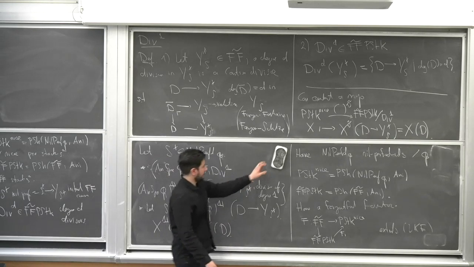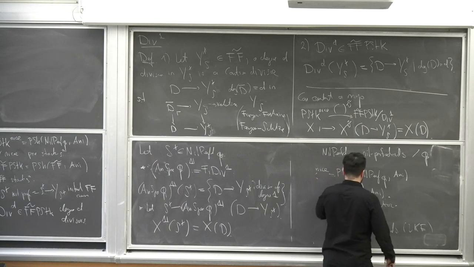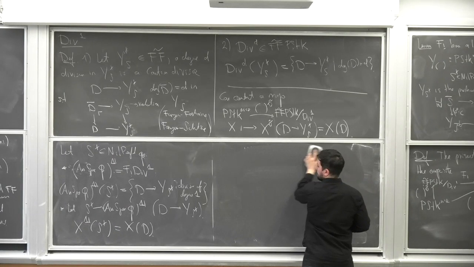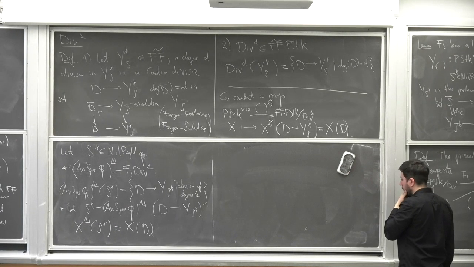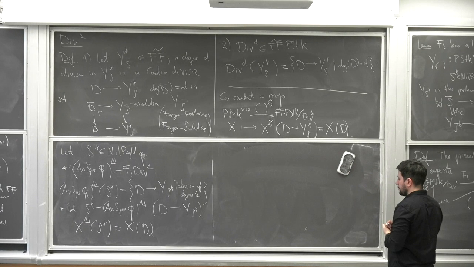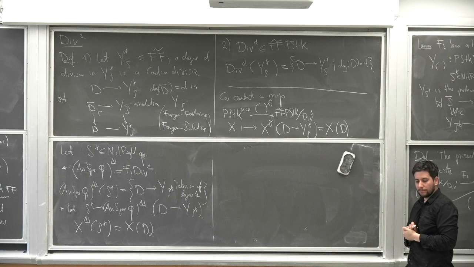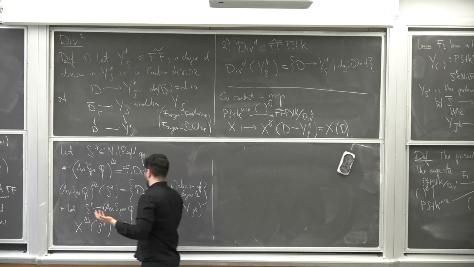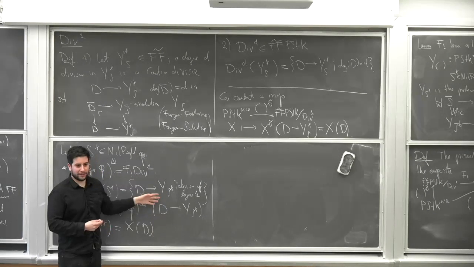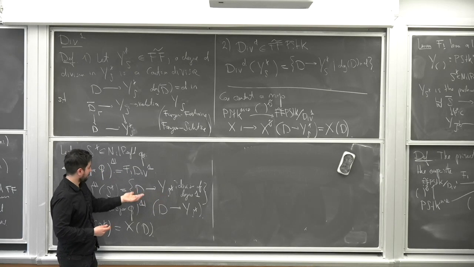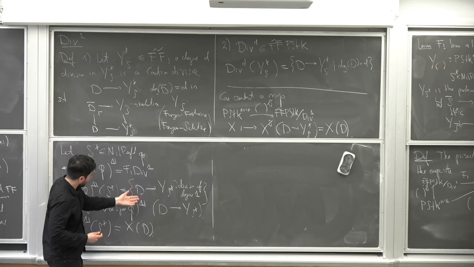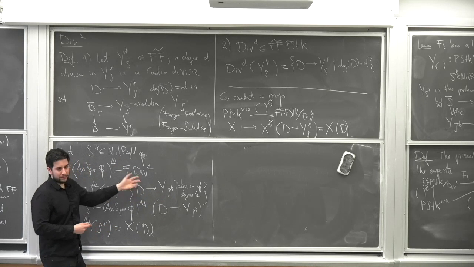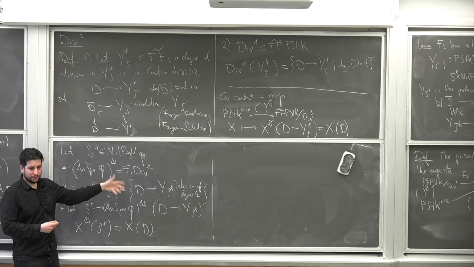So maybe to give an even more complete example, let me make a remark on the prismatization of the point. So the question was, how do you describe the prismatization of the point? Yes, of just the point. And well, this is what it is. I think it's possible to write it down more explicitly with these vectors, but it will be easier to compute afterwards once you have set up the theory.